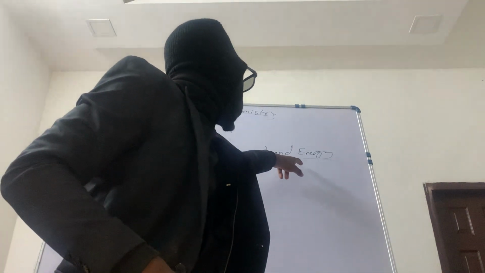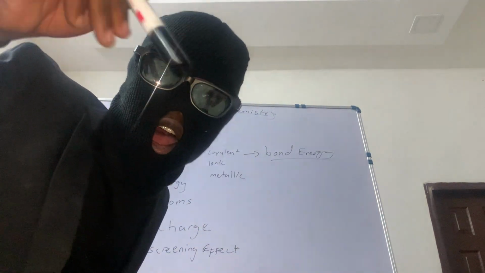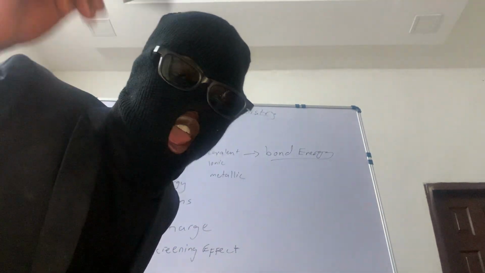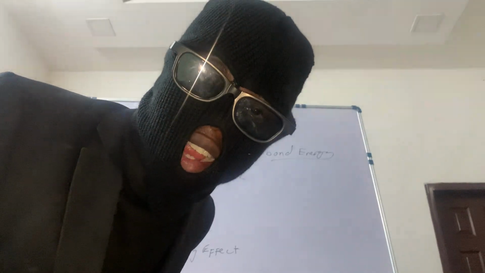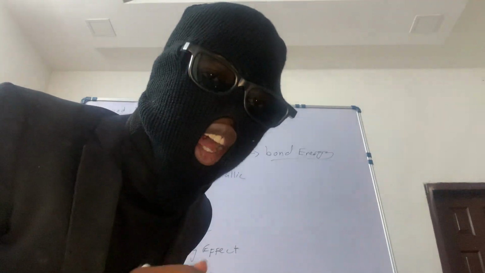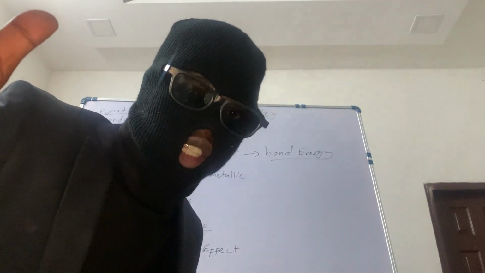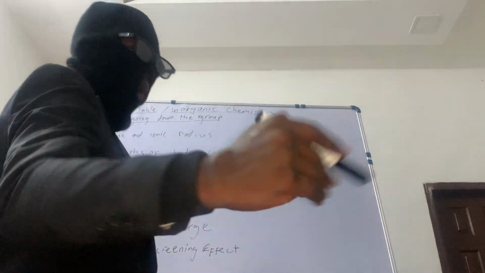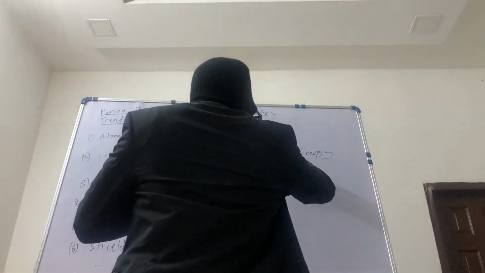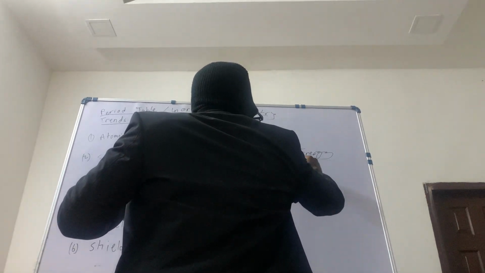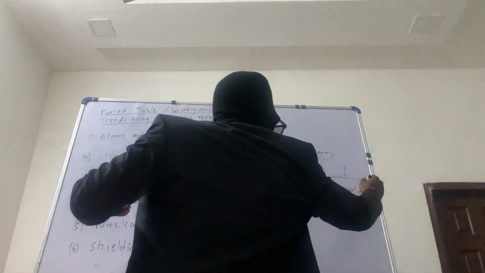So what we are going to focus on is what happens to the bond energy as we go down the group. As we go down the group, the atoms are increasing in size, and when the atoms are increasing in size, the bond length is going to increase. We know that bond length has an inverse relationship to bond energy.